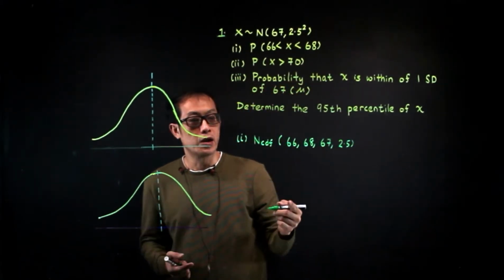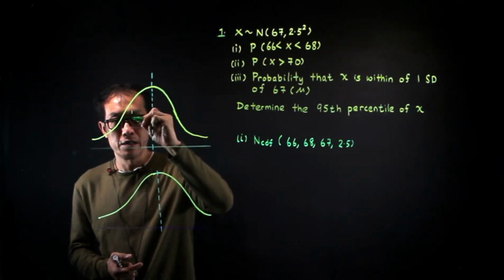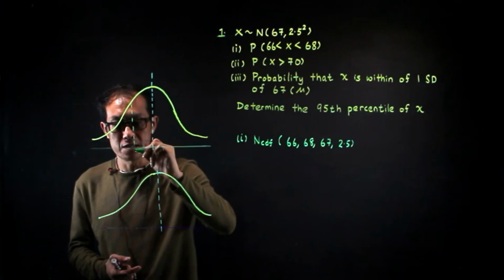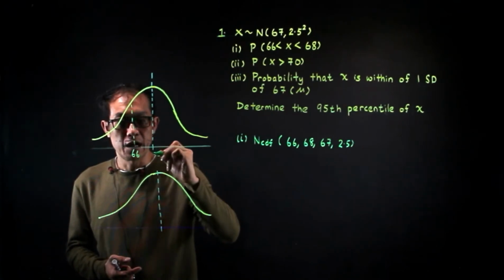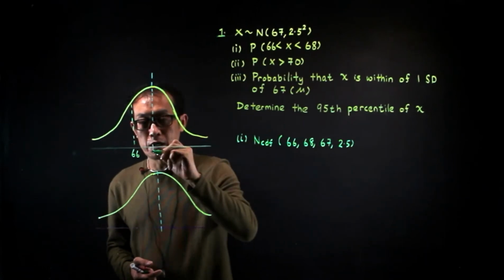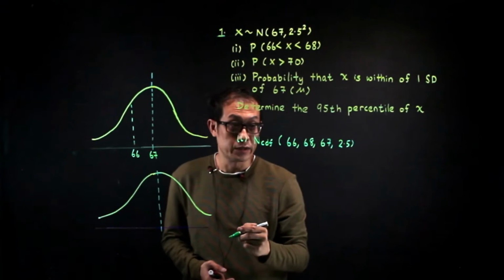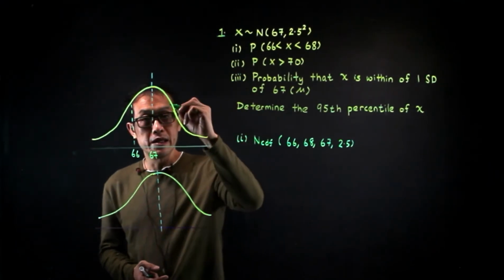Actually, what they are looking for is this part of the area. Let's say this is 66, and the normal distribution is symmetrical about its mean, so this will be 67 because the mean is 67. And then the upper limit is 68.